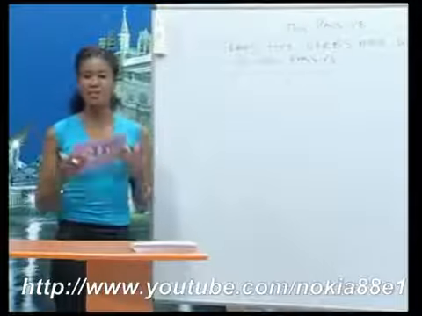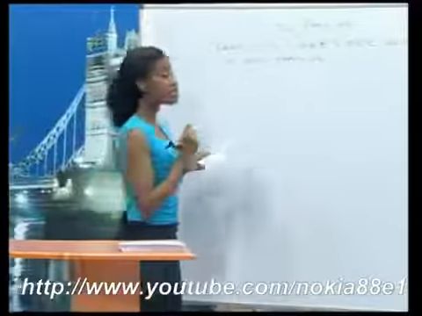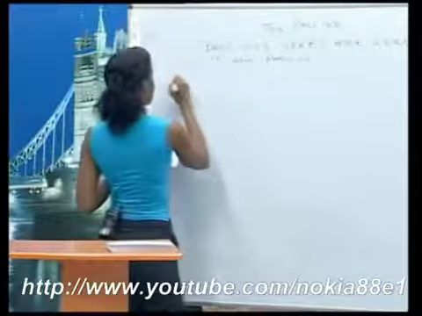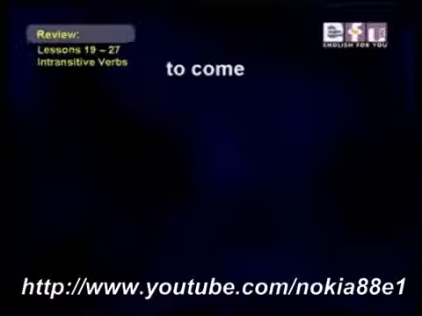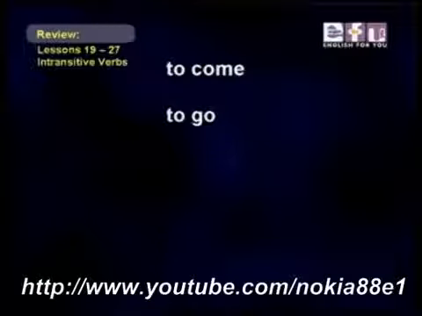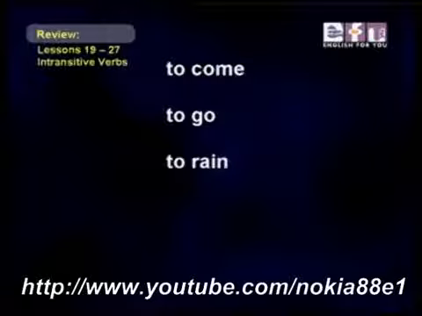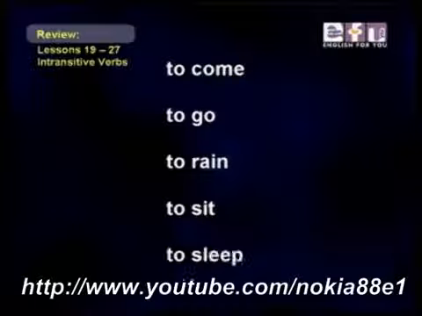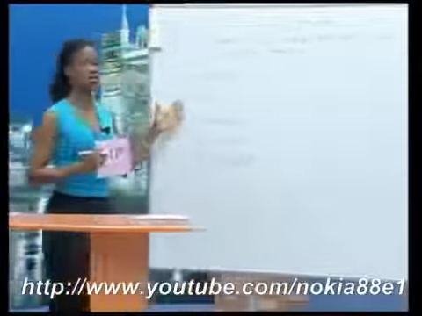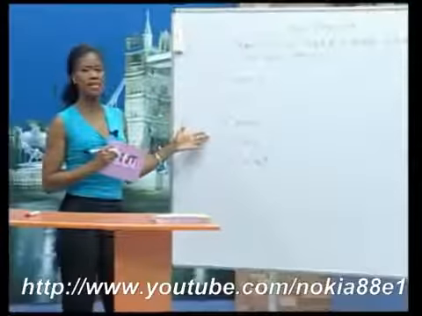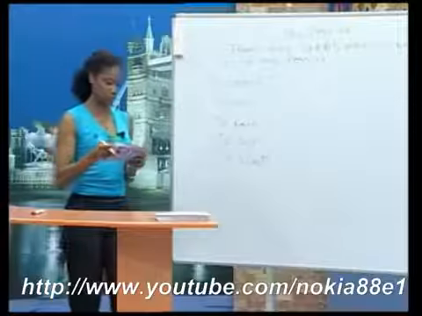These verbs cannot be used in the passive. Some examples of these intransitive verbs are to come, to go, to rain, to sit, or to sleep. To come, to go, to rain, to sit, and to sleep.